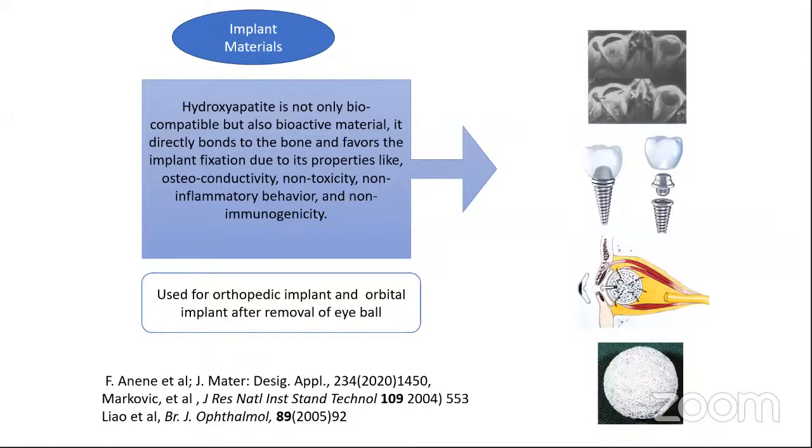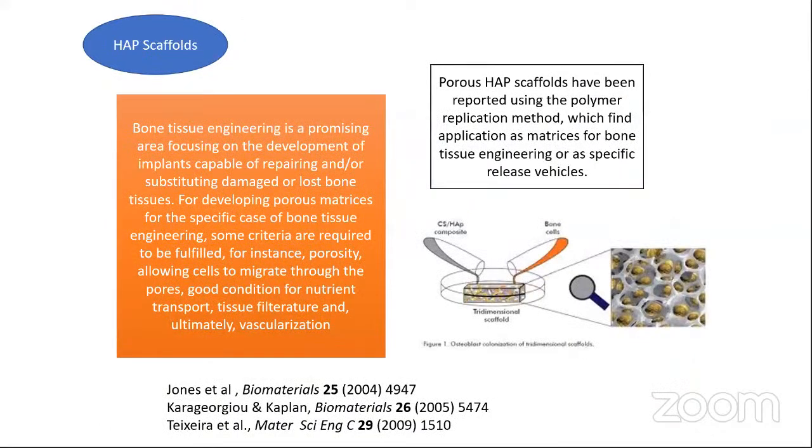Now, another important application is again in biomedical engineering, and that is nanoscience applications. It is the application regarding hydroxyapatite scaffolds. Porous hydroxyapatite scaffolds have been reported using the polymer replication method, which finds application as matrices for bone tissue engineering and specific release vehicles.